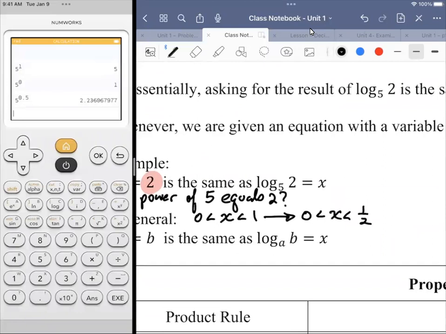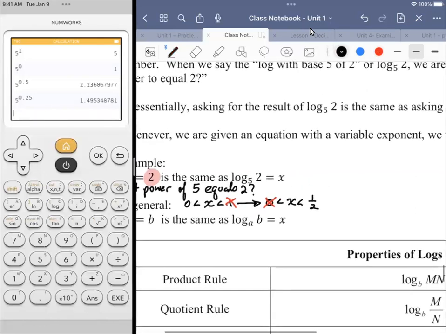So I'll try a quarter. Now that's too small. All right, so I basically scrap this. Let me use a red strike through here. And say, well, now I know it's between 1/4 and 1/2.